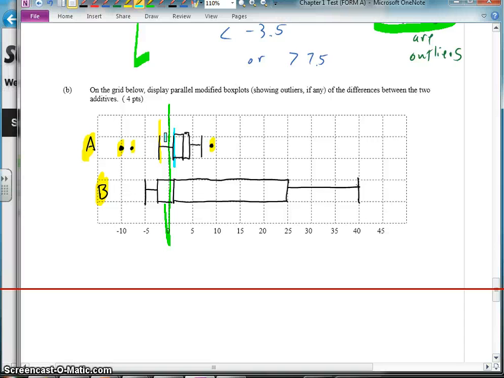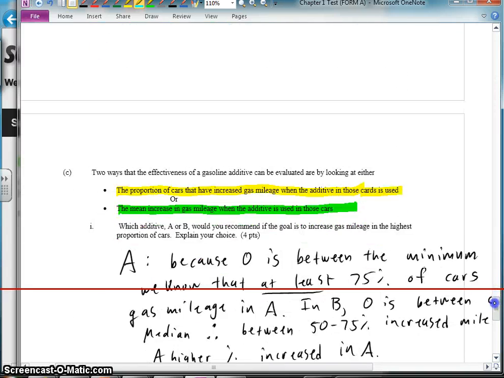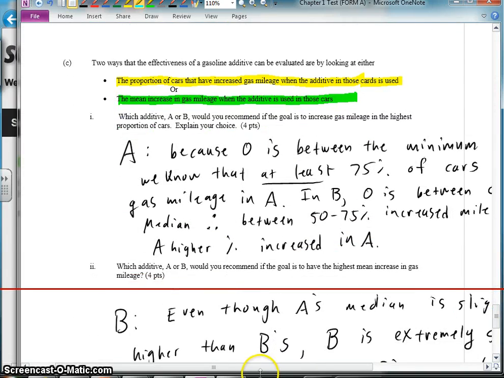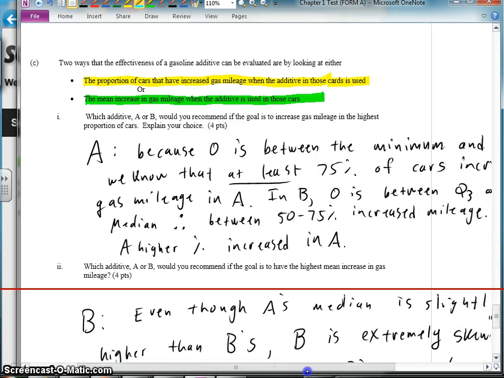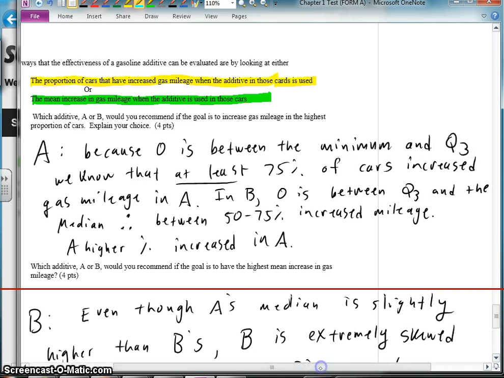In additive B, Q1 is actually less than 0 and the median is greater than 0. That means between 50 and 75% of cars increase gas mileage. Thus, A is better. You can look at that explanation right there or on the online version of this solution set. So A is better if the goal is to increase gas mileage in more cars, in a higher proportion of cars.